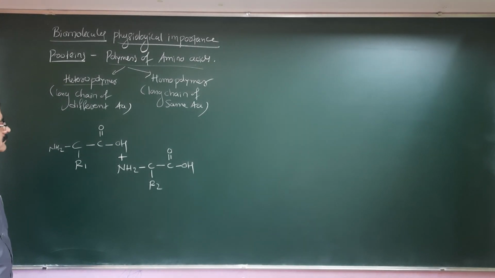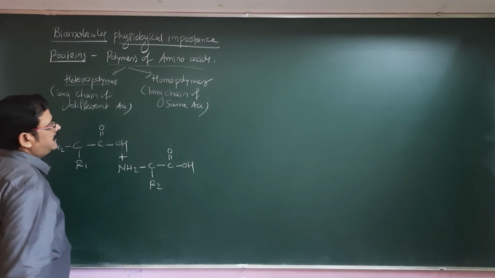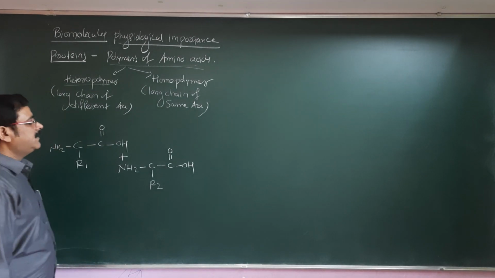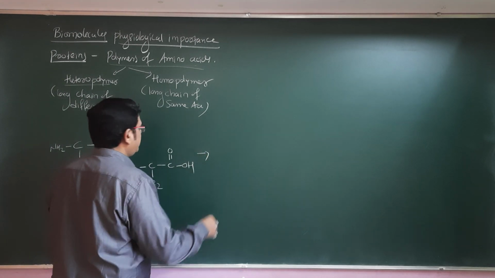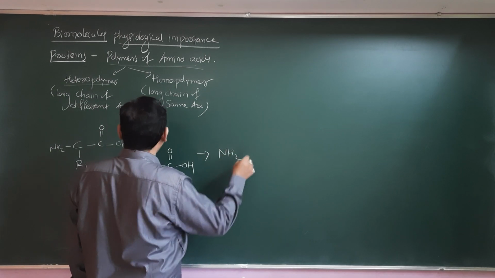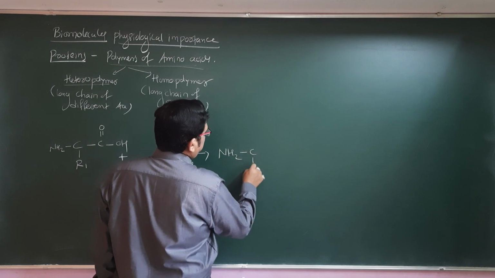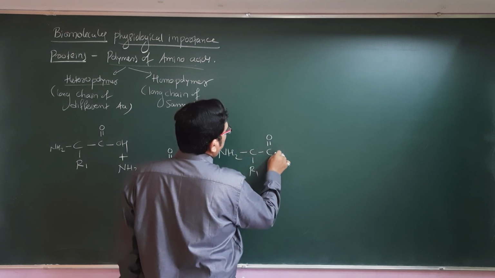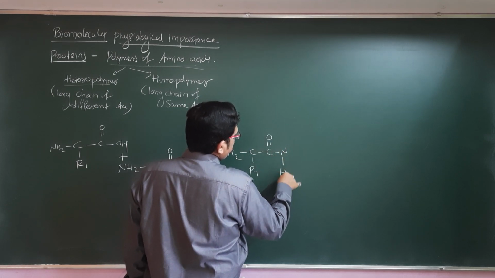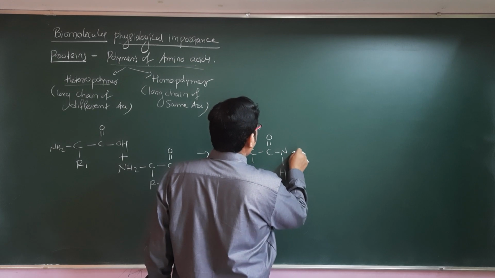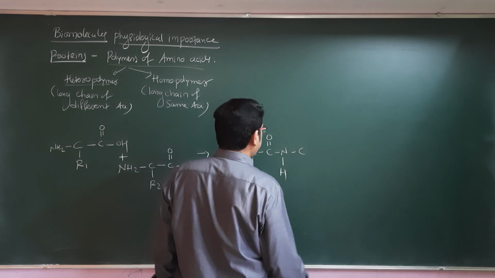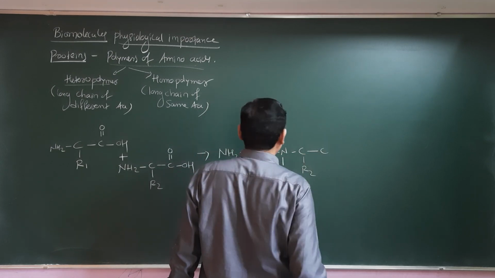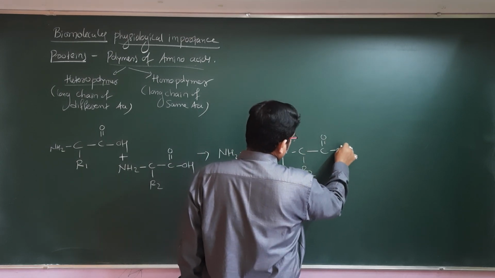It is a kind of dehydration reaction, removal of the water group. Ultimately it leads to the formation of NH2, carbon, R1, next carbon, double bond O, then nitrogen with one H, then again the carbon, the R2 group, then the carbon, double bond O and OH.